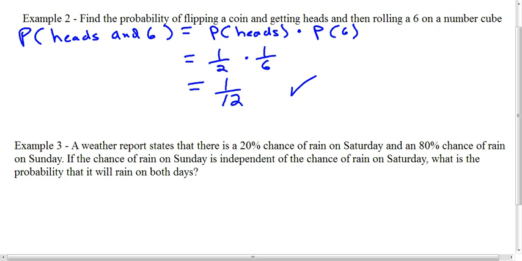Well, again, let's take our probability of A and B. So we have the probability that it will rain on Saturday and the probability that it will rain on Sunday.